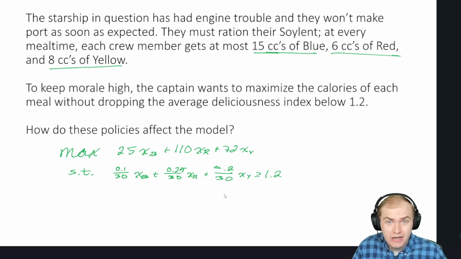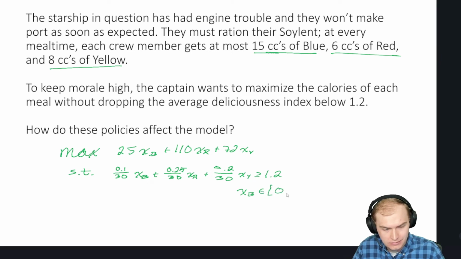And then we have a bound on the amount of each variety that we can use. Here's how I like to write this constraint.